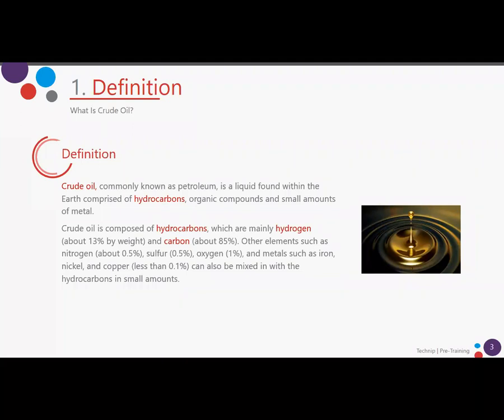Other elements also you will find in the crude oil that will make life more difficult for the refinery. These other elements are nitrogen, sulfur, oxygen, and metals, such as iron, nickel, and copper, which can also be mixed in the hydrocarbons in small amounts.